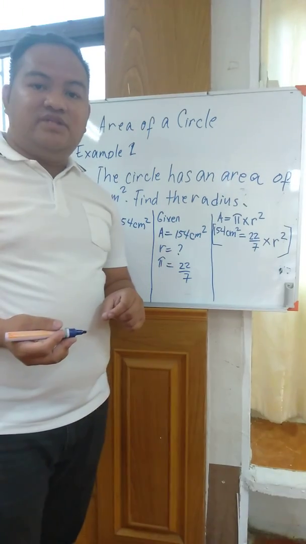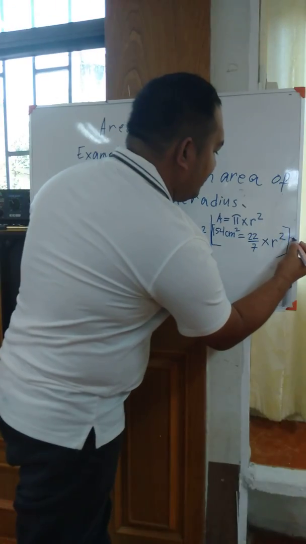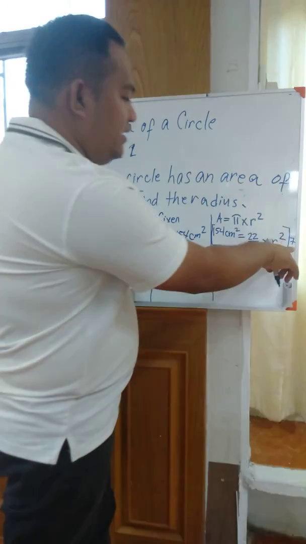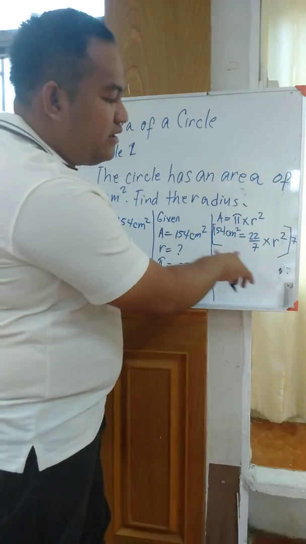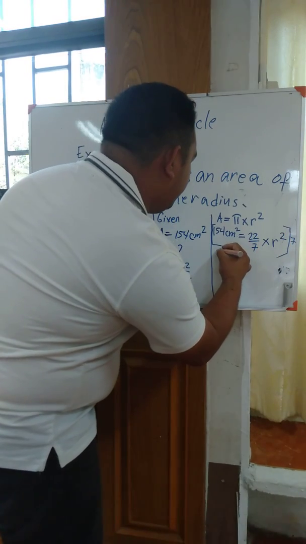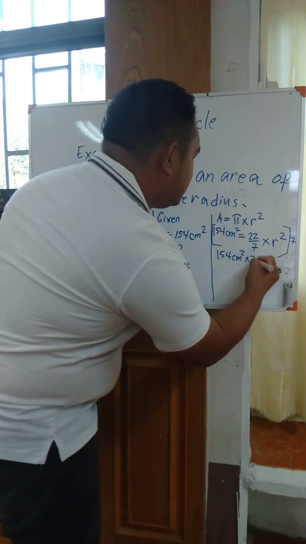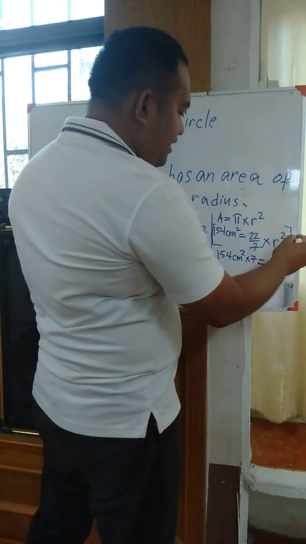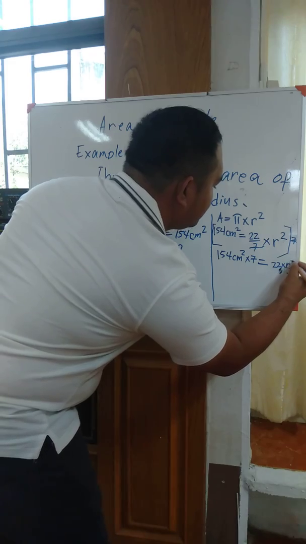The denominator of this given is 7. So we can easily multiply this LCD to both sides of the entire equation. So we have 154 centimeters squared times 7 equals 22 over 7 times 7 times r squared. So we can cancel this one. What remains is 22 times r squared.